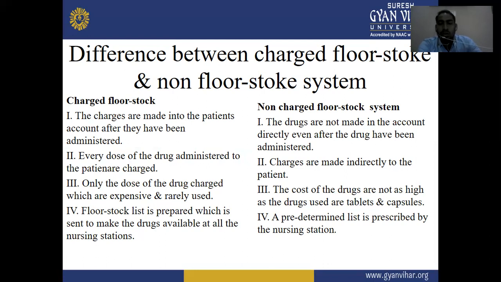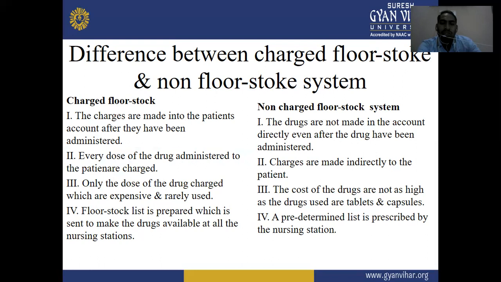Next is the non-charged floor stock system. First, the drugs are not charged to the account directly even after the drugs have been administered. Second, charges are made indirectly to the patient. Third, the cost of the drugs is not as high, as the drugs used are tablets and capsules.